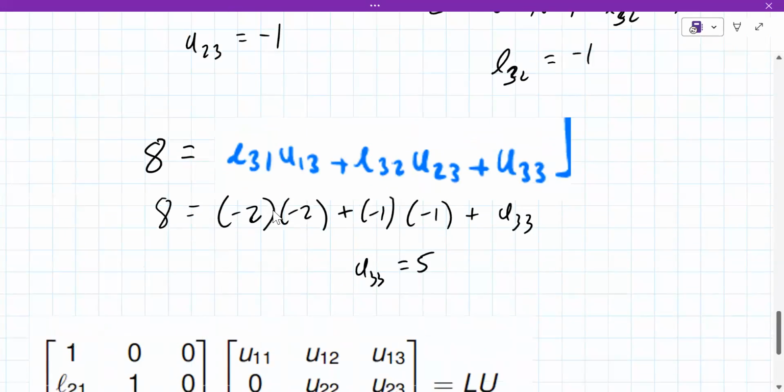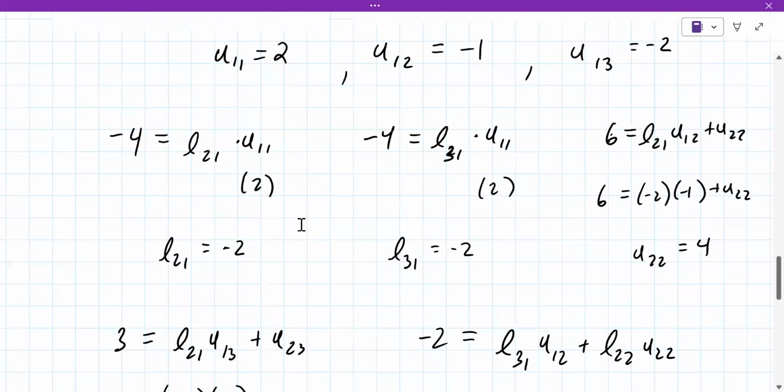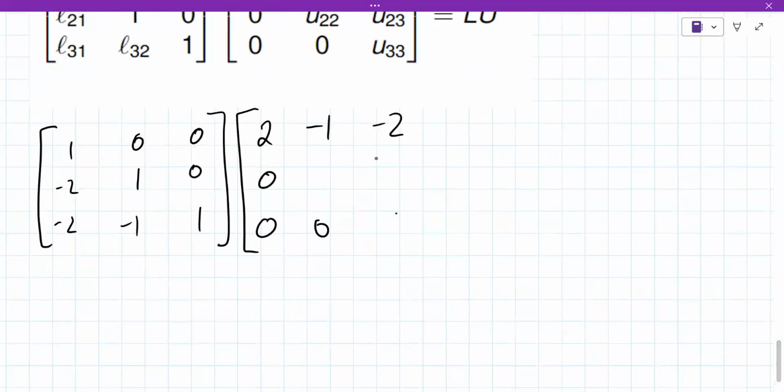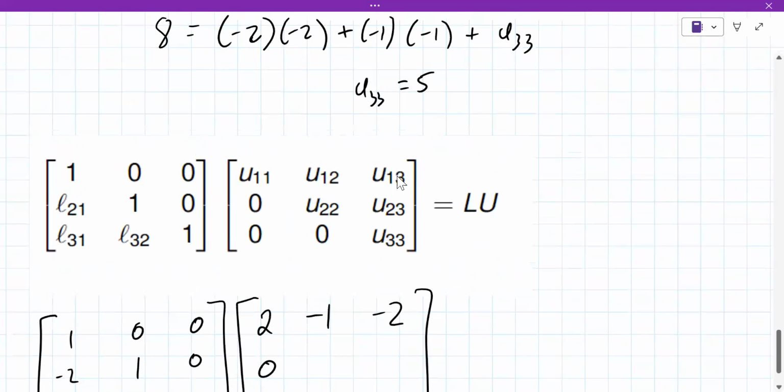U11, so the top row is the same as your original. So that's the 2, -1, -2. 0, 0, 0. The U33 is 5. All right, so we've got to get U22 and U23.